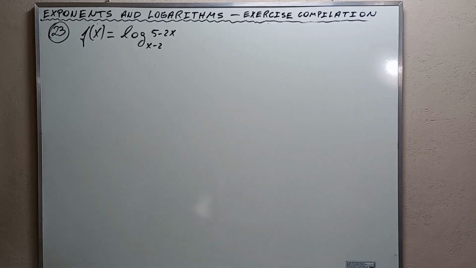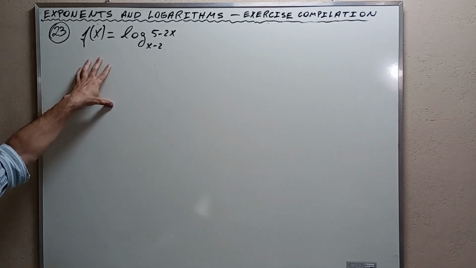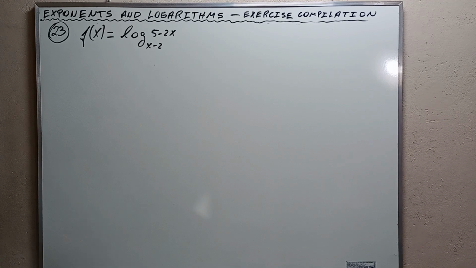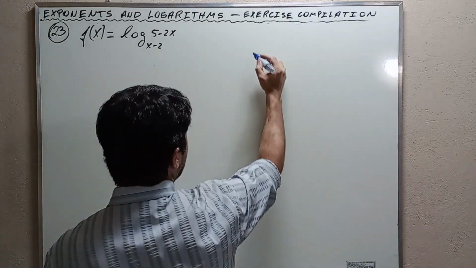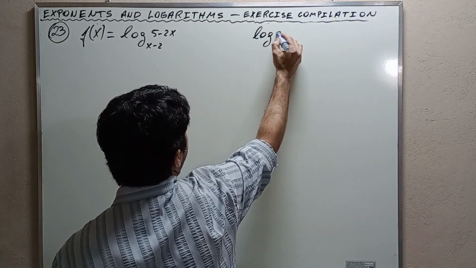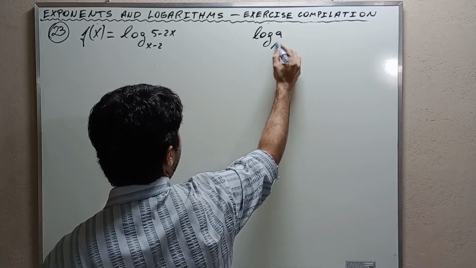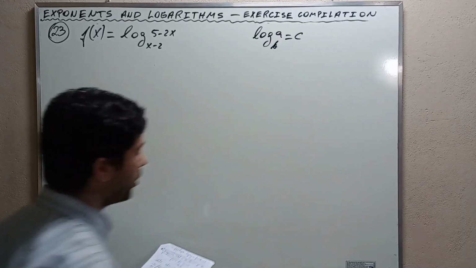Exercise number 23 now. What is the domain of this function? Okay? To solve this exercise, we have to firstly understand that by definition, the logarithm a base b is equal to c, okay?